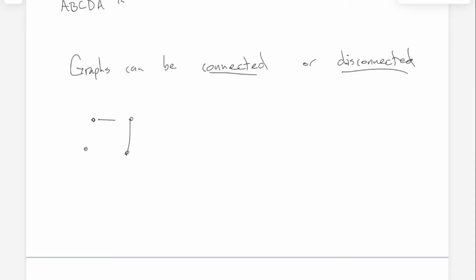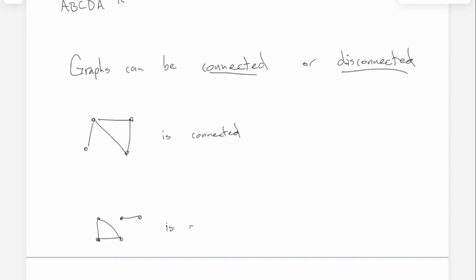Actually, every graph that I've drawn so far has been an example of a connected graph. That right there is connected. What it means to be connected is basically, it's like all in one piece, as opposed to something like this, which is disconnected because it kind of has two separate chunks to it.